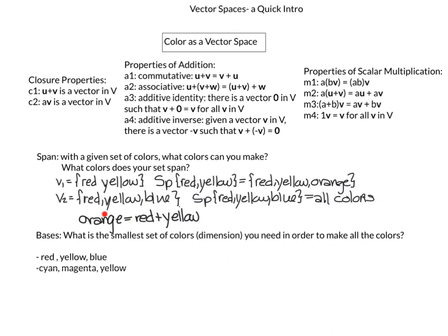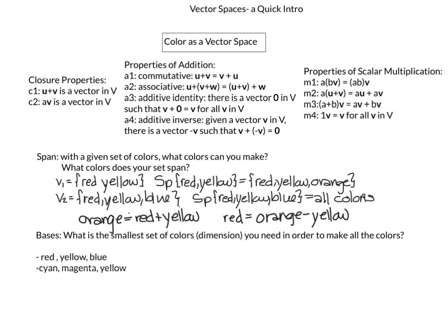This also gives us a way of looking at linear combinations, because orange now we can say is a linear combination of red plus yellow, whereas red is not a linear combination of yellow. We could say red is equal to orange minus yellow. Remember, we want to be able to take colors out. So we do have this inverse idea, right?